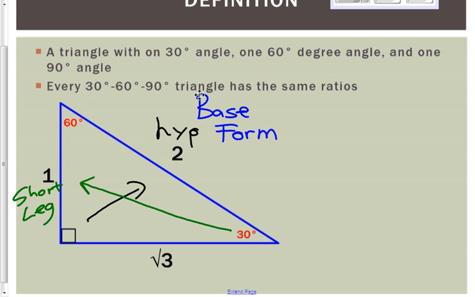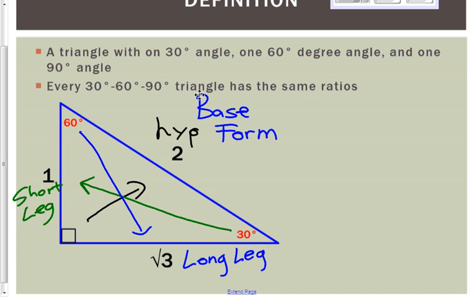And I used the hand example today in class. Looking across from the 60-degree angle, that's going to be my long leg, because the 60-degree angle has to open more to create that angle. So the distance, again, I used my hands between my fingers, is going to be a greater distance.